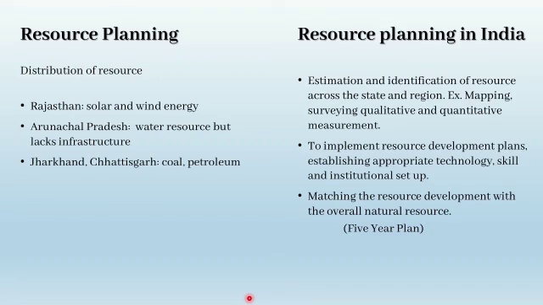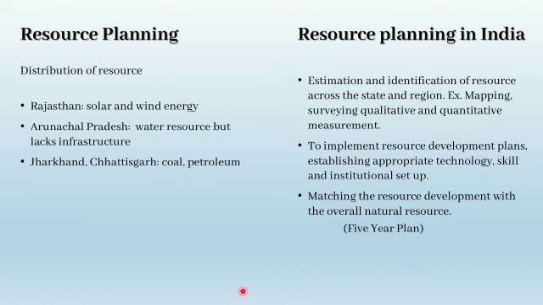The availability of resources is a necessary condition for the development of any region. Distribution of resources in all places is necessary. Rajasthan has solar and wind energy but lacks water sources. Jharkhand has rich coal and mineral resources, but lacks infrastructure development.